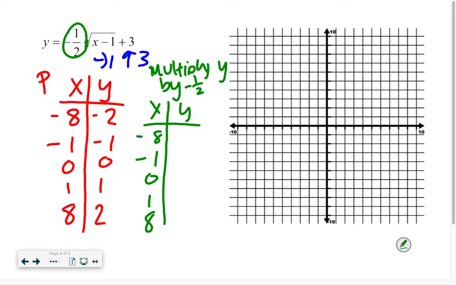If I take -2 times -1/2, what do I get? 1. If I take -1 times -1/2, what do I get? Half. What do I get out for 0? What do I get out for 1? -1/2. And 8, -1.